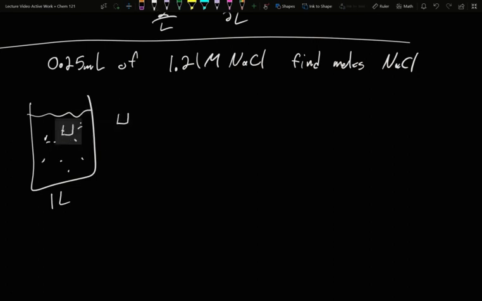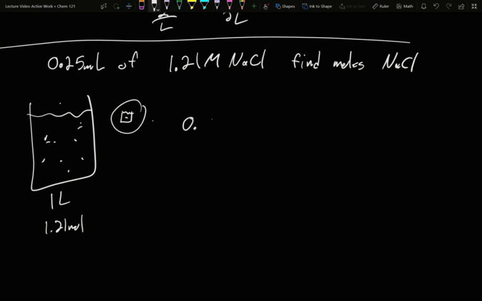I'd take a little cup, I'd put it in, it'd catch some of the chemical, I'd pull it out, but I only have a small amount in there. So how much have I removed? How much sodium chloride is in that small volume? I know the whole container had 1.21 moles if it was 1 liter. How many are in my small container?